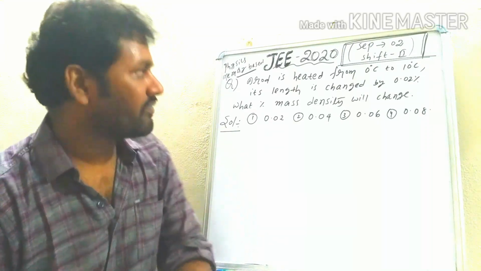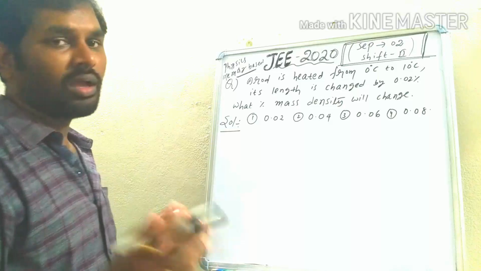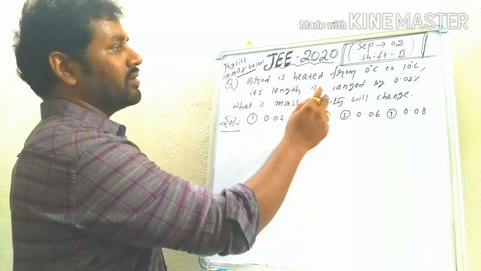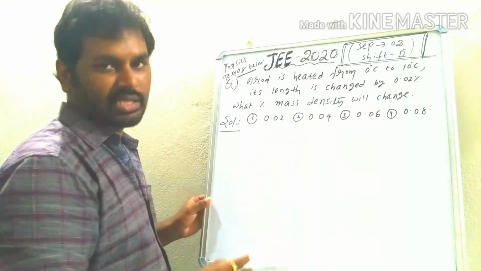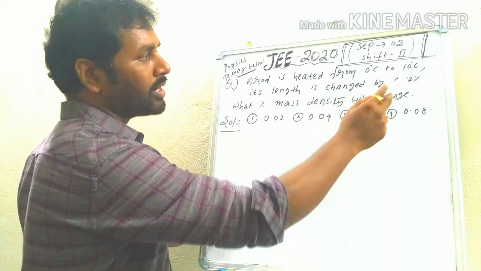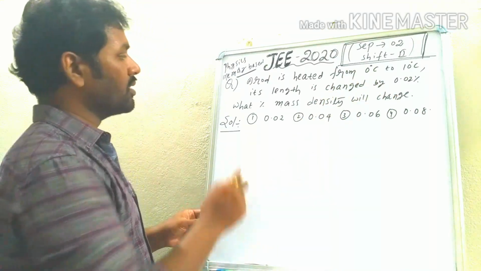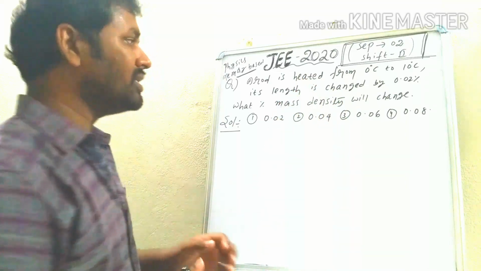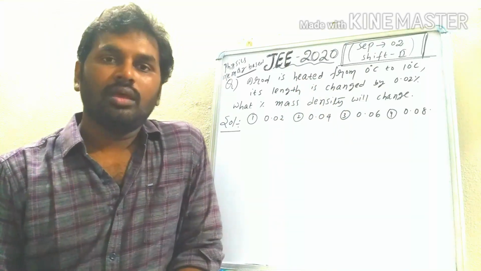Then we have the first question on the board. Let us see. A rod is heated from 0 to 10 degrees Celsius. Its length is changed by 0.02 percentage. What percentage will the mass density change?